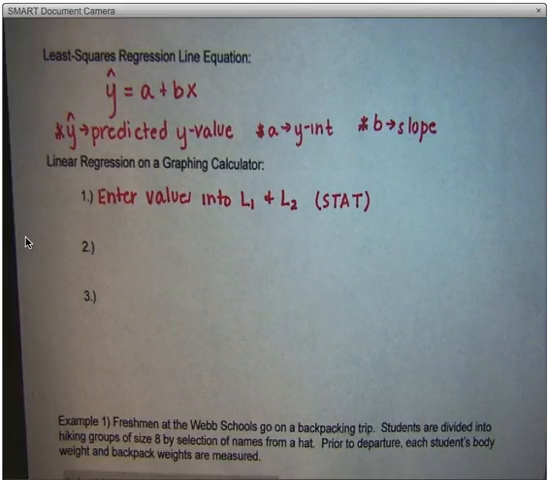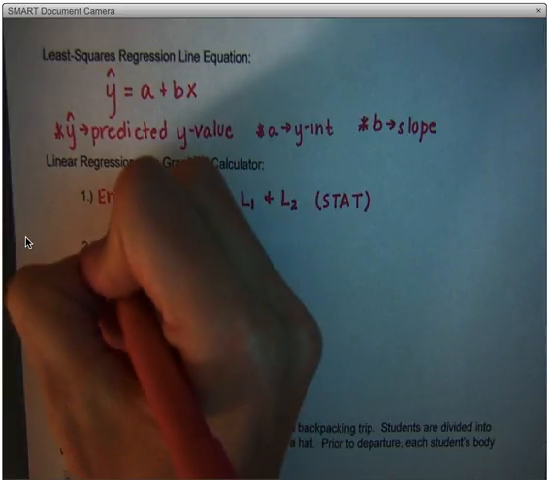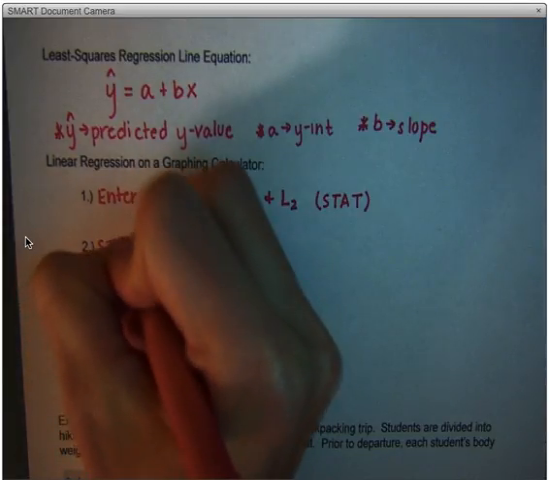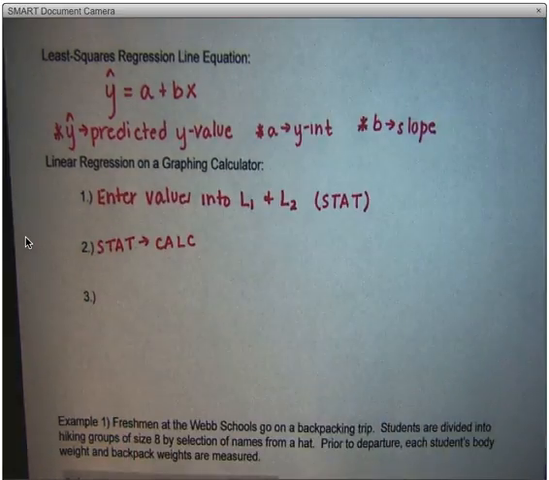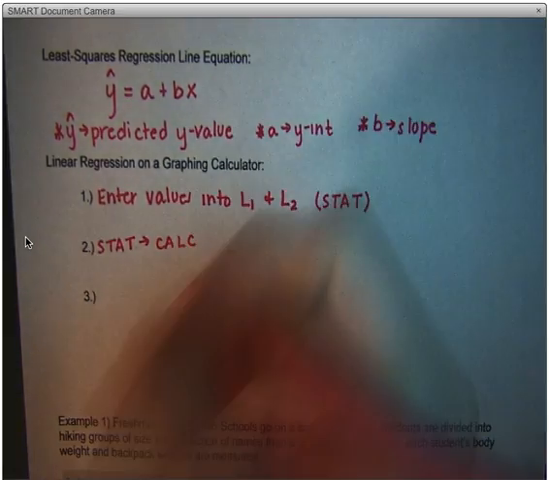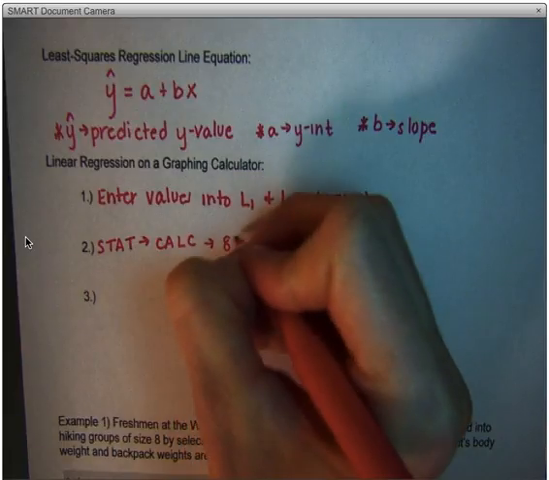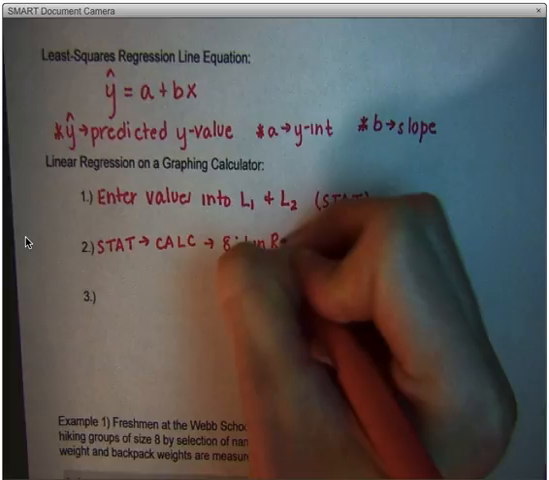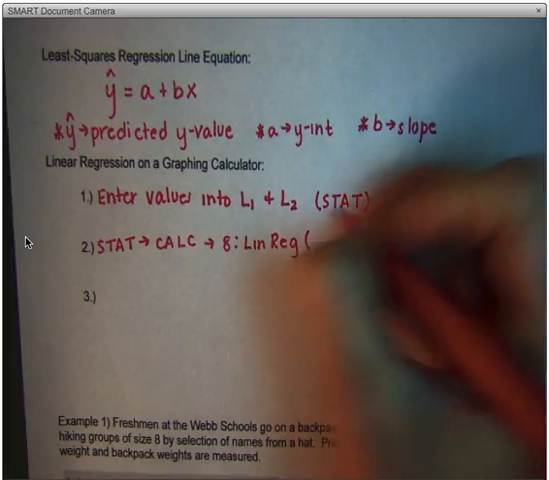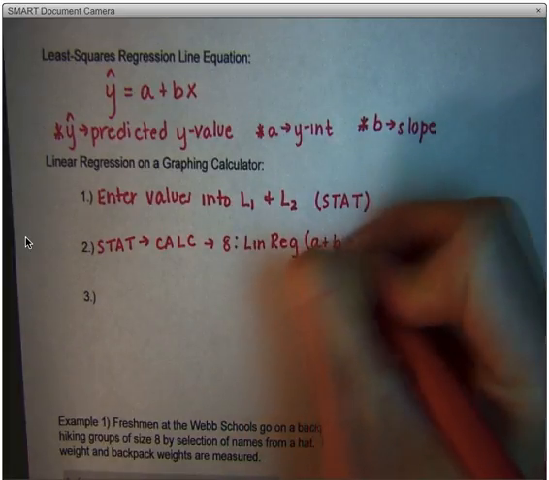Okay, once we get those entered, then we're going to go back to the stat button. We're going to arrow over to calc. And then we're going to go down and select option 8, which says LinReg, so linear regression, of a plus bx.